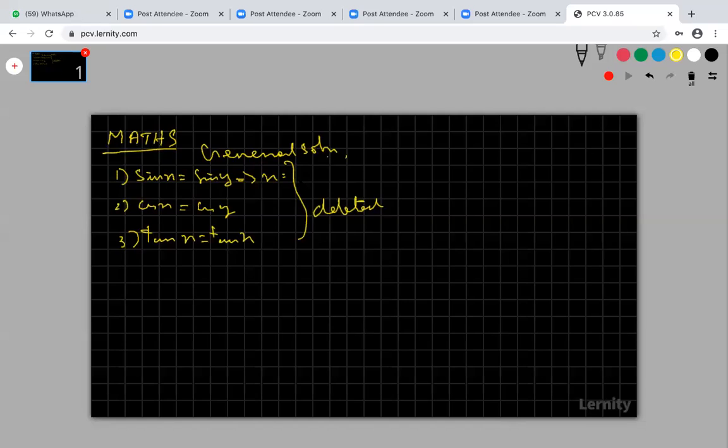Since the general solution is deleted in our new syllabus, I have to skip this topic, general solution problems in trigonometric equations.